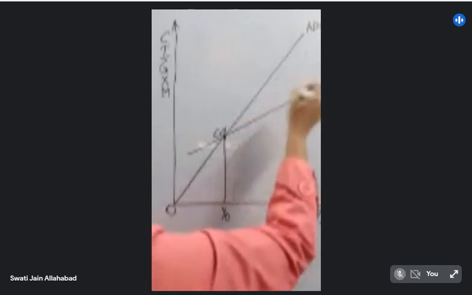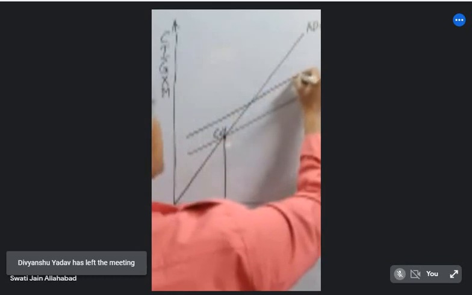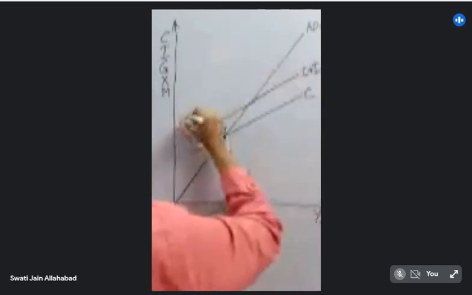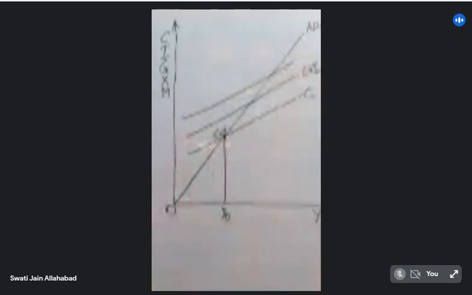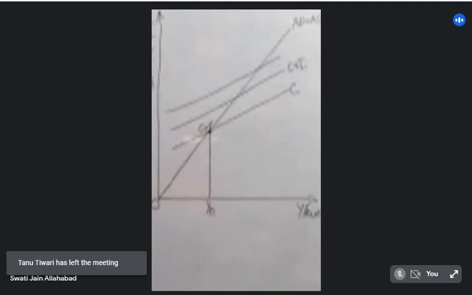Now as you move further, you add one line, this becomes C plus I, then you add another line, and all these are parallel. Why are they parallel? Because we are talking about autonomous variables. All these variables are autonomous, that is why you have parallel lines.